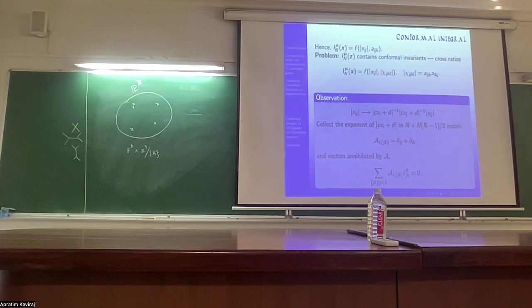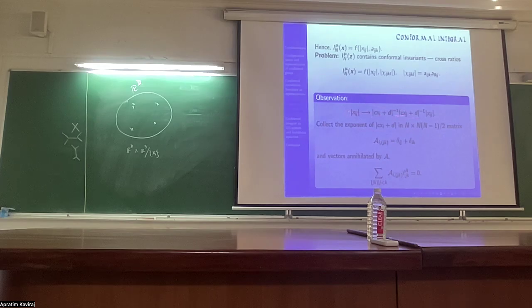And now comes the second point why this is important. This is something we had, and I mentioned that it's very important that this transforms with indices 1, minus 1 here. So now collect the exponent of cxi plus d in this matrix. For example, in the transformation of Xij, here it will be 1.